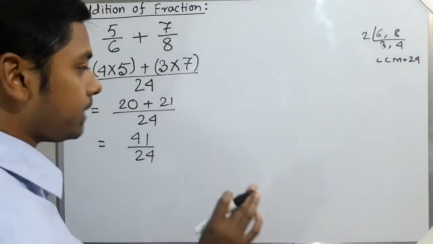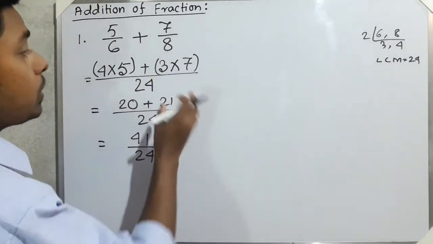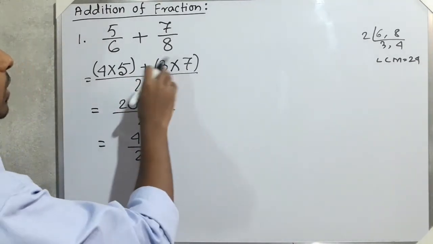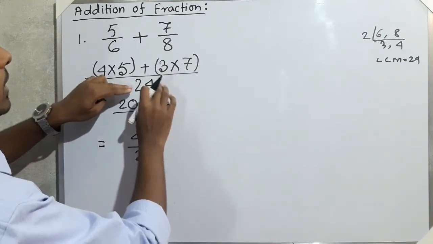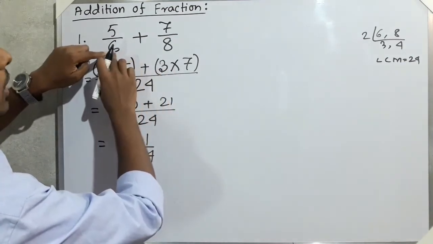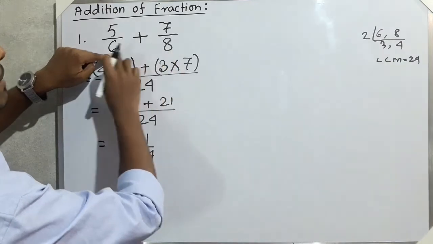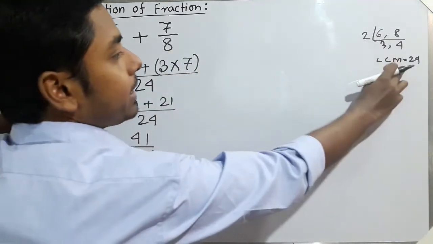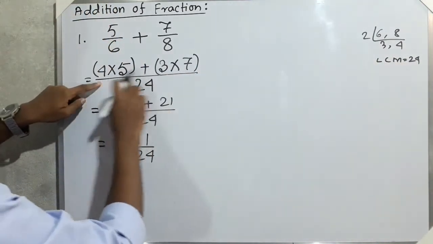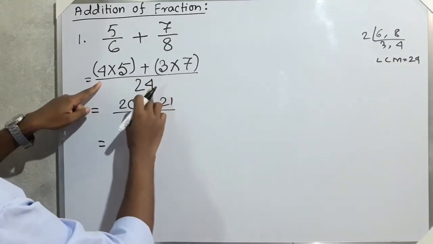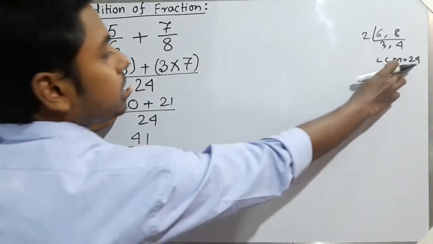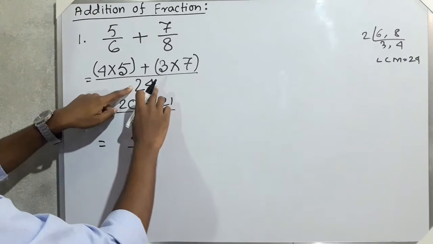Now let's see once again what we have done here. First of all we find the LCM of the denominators, that is 24. Then take a line and write the LCM as the denominator, this 24 here.